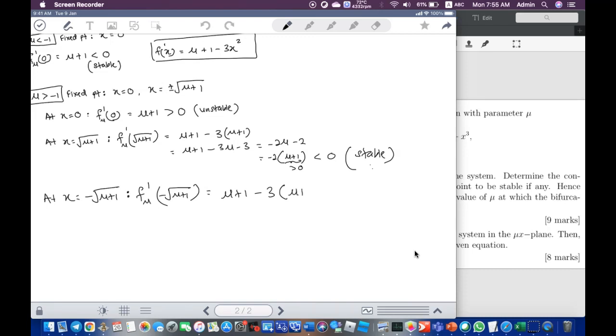So you got mu plus 1. Okay, and we simplify with mu plus 1 minus 3 mu minus 3. When we simplify that, we get the same: negative 2 mu minus 2, which is minus 2 times mu plus 1. And this one is also stable.